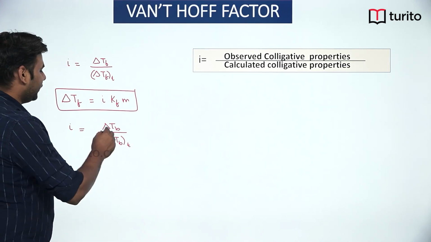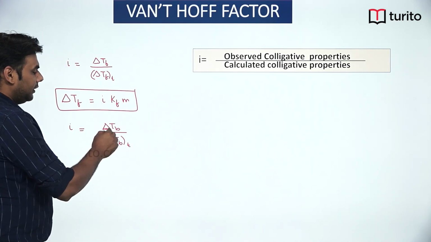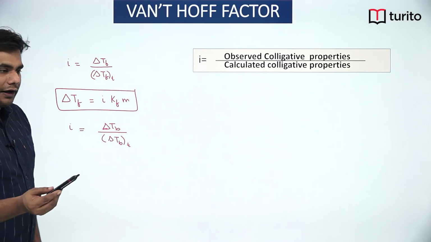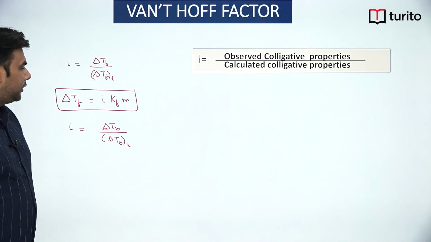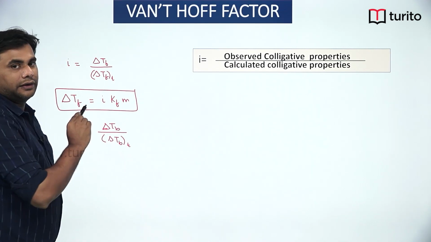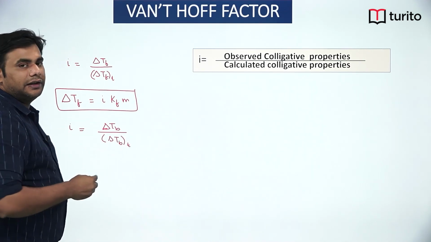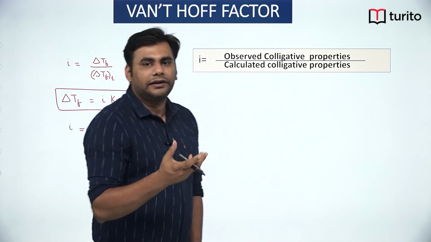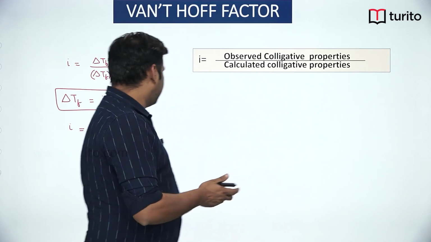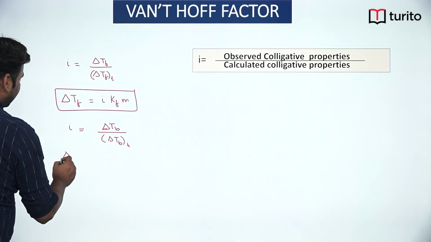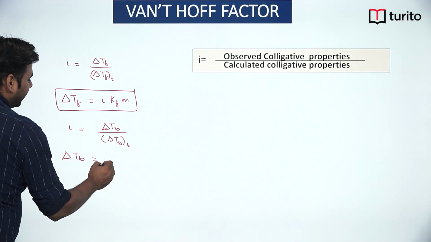So delta Tb is the observed colligative property when an electrolytic solute is added to a solution, and this is the theoretical one. The theoretical one doesn't take care of the fact that the solute can be electrolytic, so it does not take care of the Van't Hoff factor. So the delta Tb in this case would become i Kb into m.